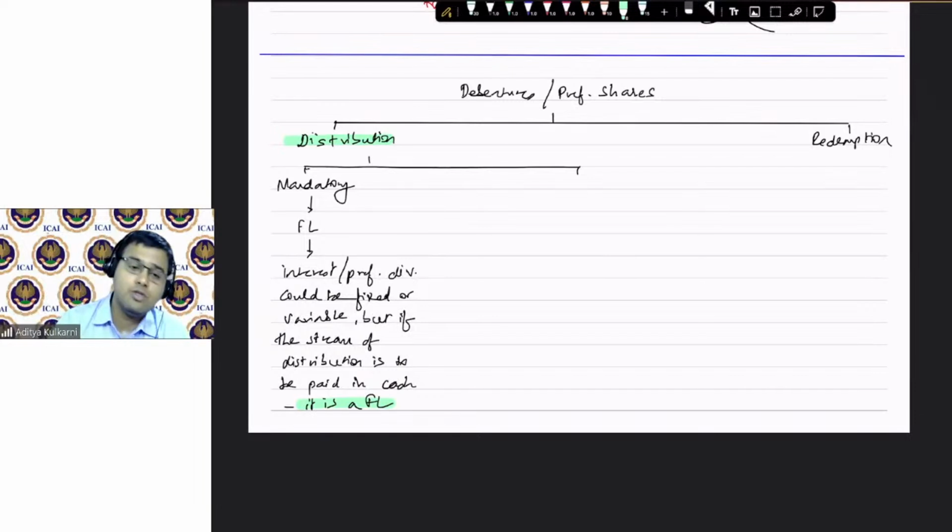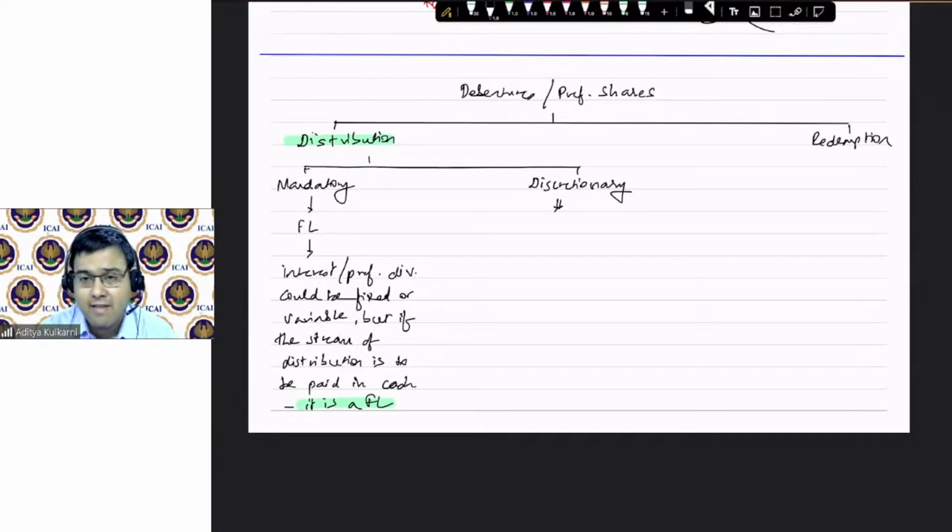If the distribution is not mandatory, if it is discretionary, discretionary means what? Nobody has put an obligation on the company. So do you have a contractual obligation to deliver interest?